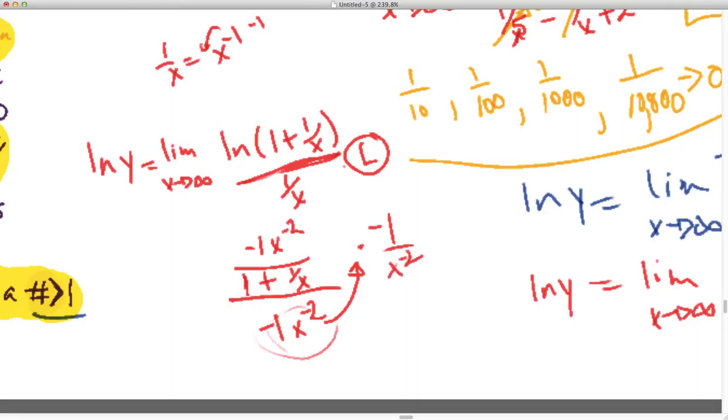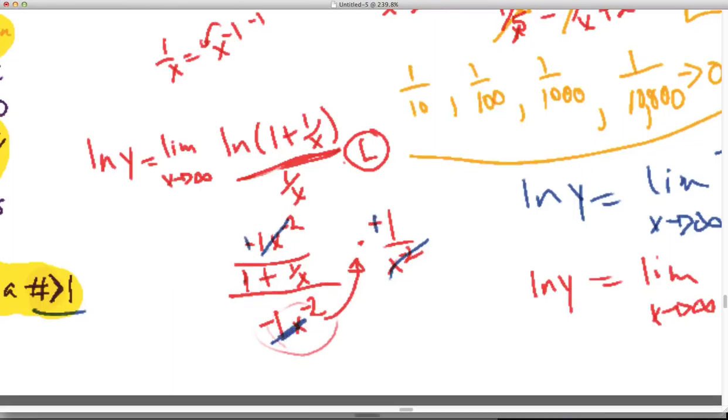And then you should be able to see that these indeed cancel out. And the two negatives make it a positive. So we're left with just 1 over 1 plus x. And when I plug in infinity there, I get what? Just 1 over 1, which is equal to 1.